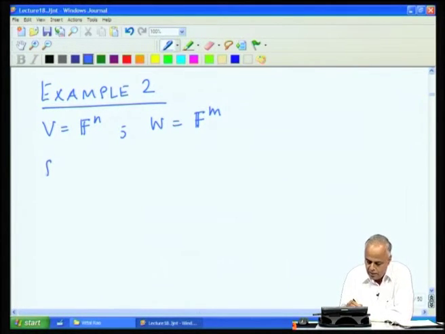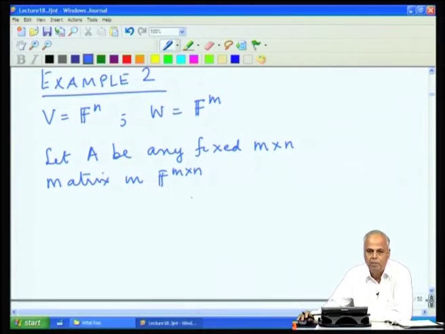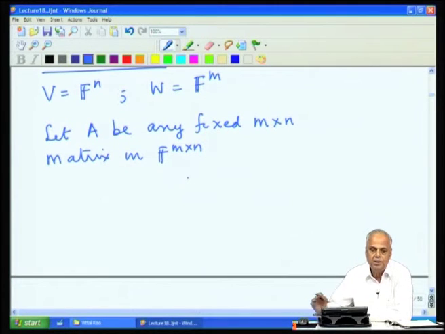Then let A be any fixed m by n matrix over F.